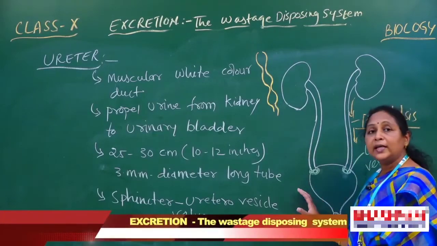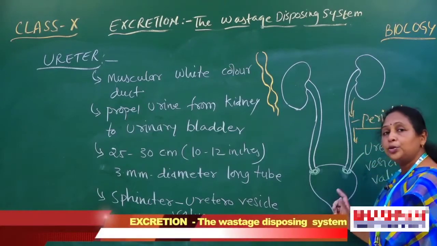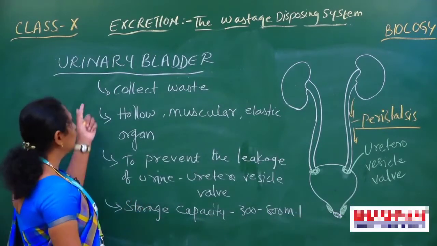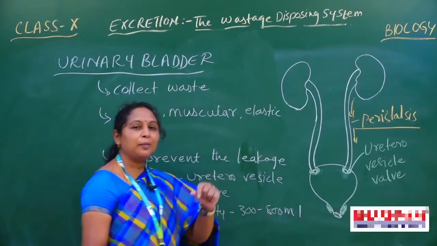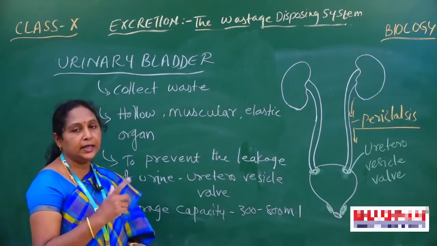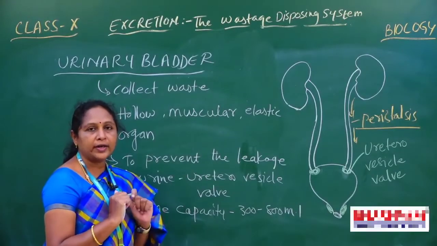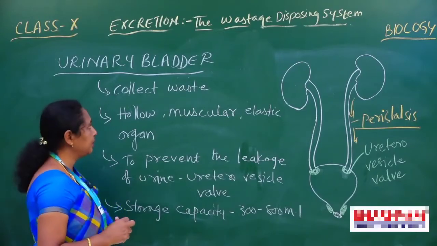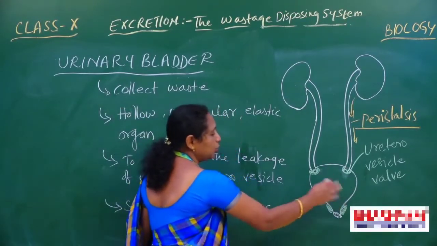Next we move to the next part of the excretory system, that is the urinary bladder. The urinary bladder is also a muscular organ, elastic in nature, which means it is able to expand and contract. It is a hollow, bag-like structure.